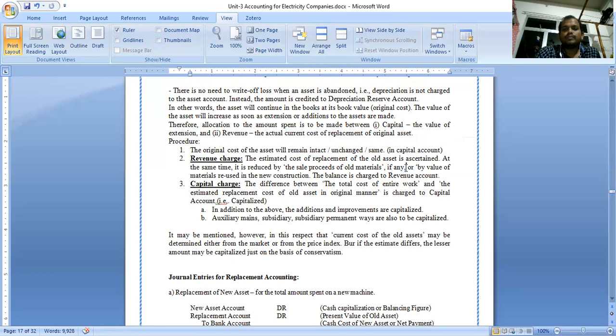You purchased the car 10 years back, and now that car's market price is different for the same model. The price may be increased, same model, same capacity, no change.